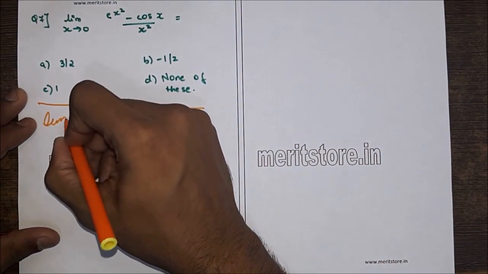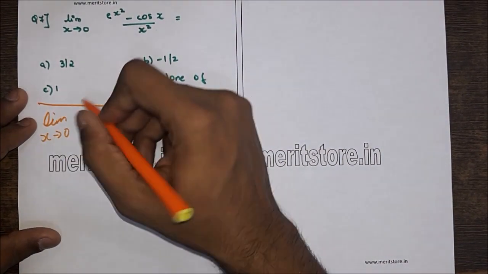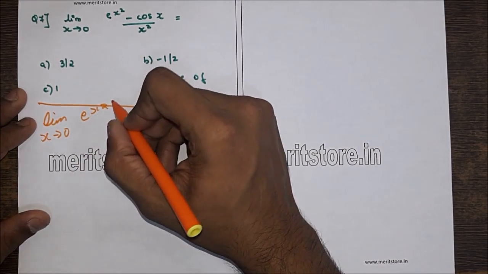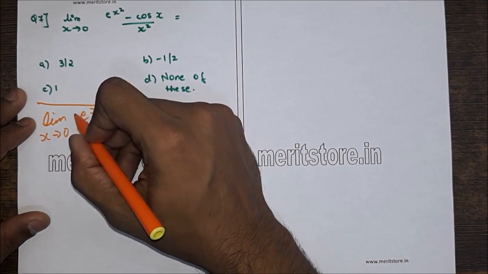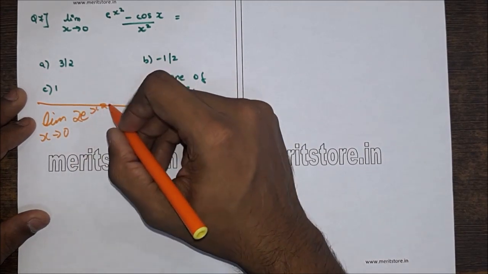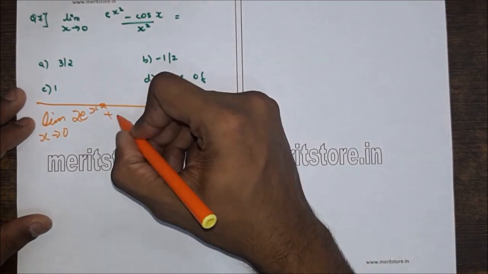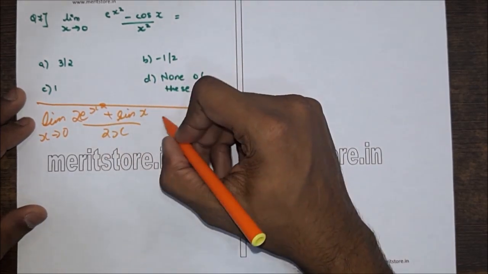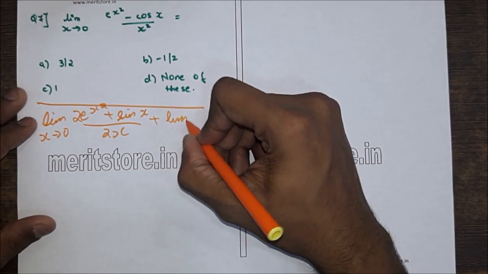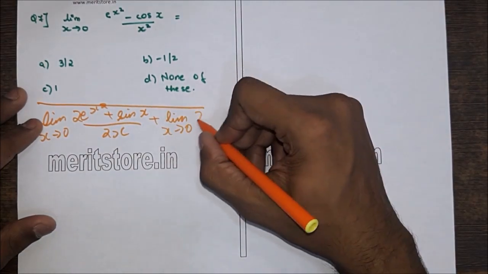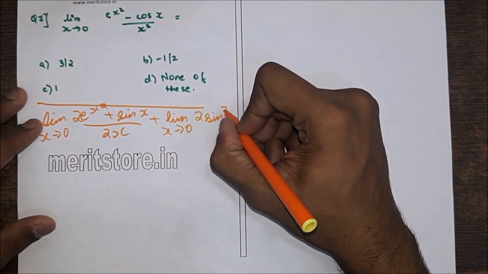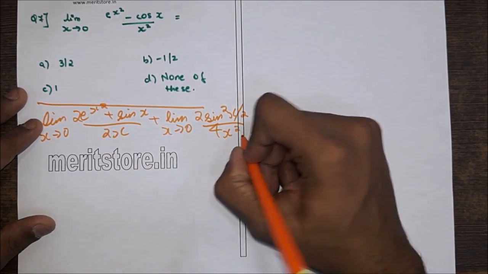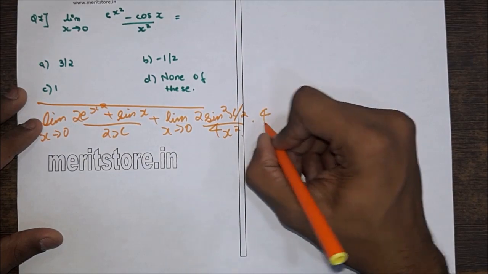So that gives us limit of x tends to 0, e raised to x square would be 2e raised to x square plus this becomes sin x upon 2x plus limit of x tends to 0 to sin square x by 2 upon 4x square into 4.